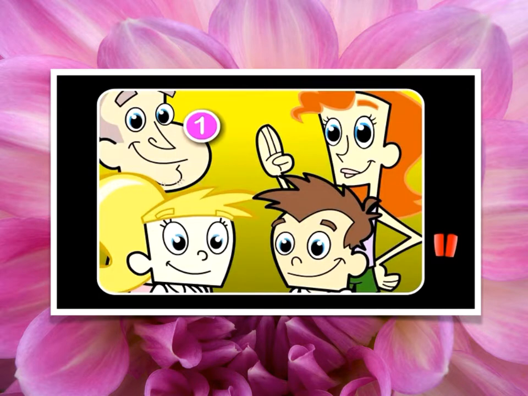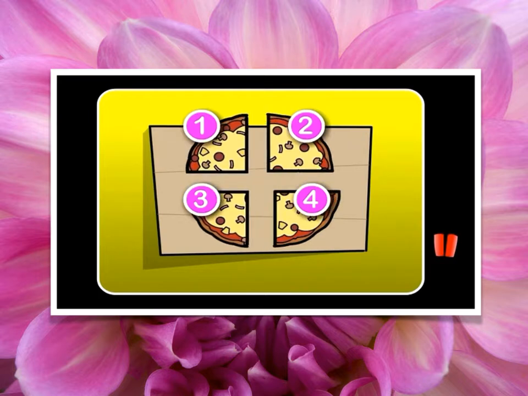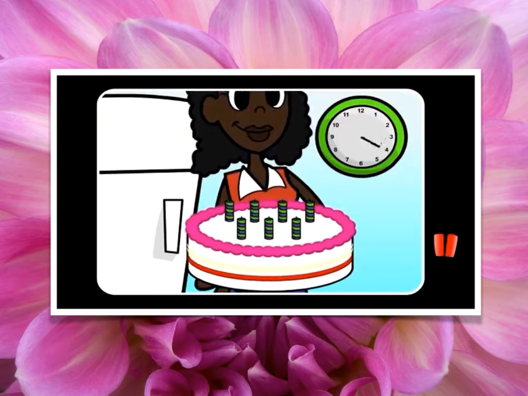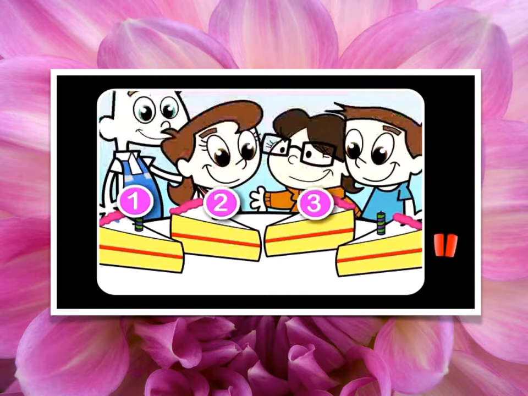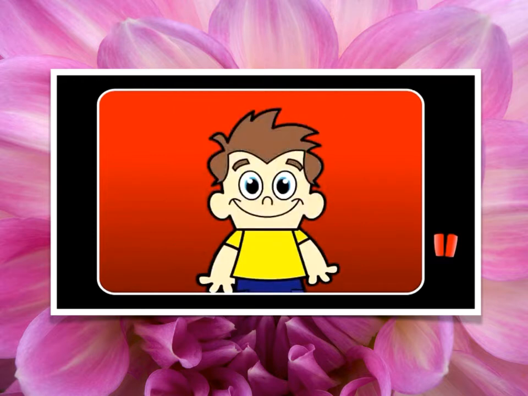Last night we had pizza for dinner. There are 4 people in our family and we each wanted an equal share. Dad cut the pizza into quarters. It was fair for everyone and it tasted yummy. At Dylan's birthday party, his mum cut the birthday cake into quarters so that each child got an equal share. There were 4 children to eat the cake. Yum! Shapes can be cut into quarters too.